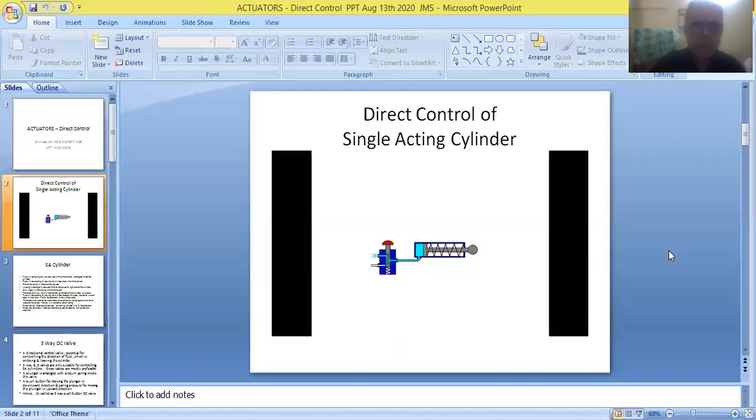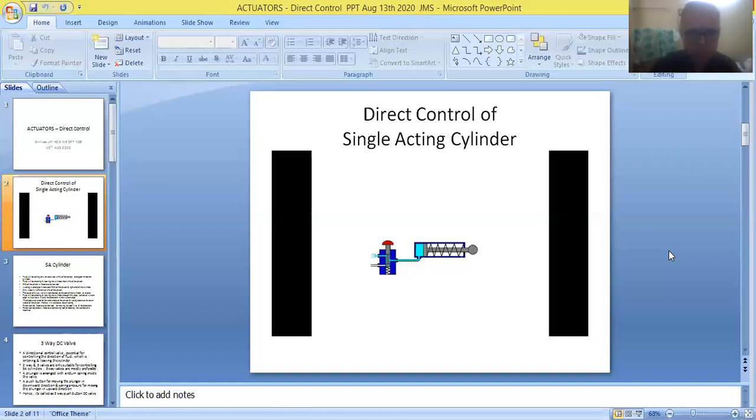Now, secondly, here we can see the arrangement of a valve that is meant for controlling the direction of fluid that is entering the cylinder, and also controlling the direction of fluid which is leaving the cylinder. Controlling the direction of fluid entering and leaving the cylinder is very, very important.